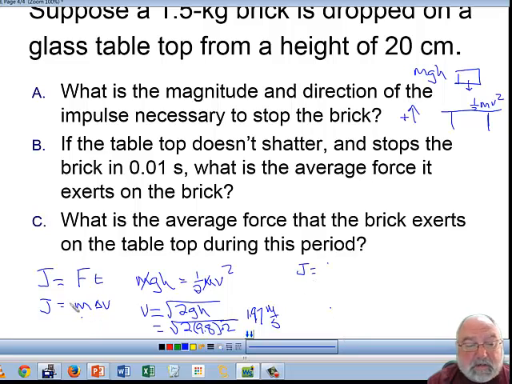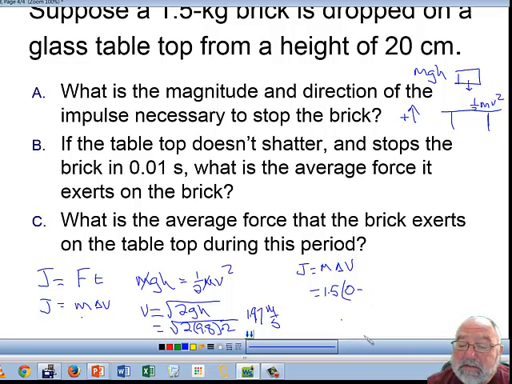Okay, so let's calculate what this impulse is then. So it's mass times change in velocity. Well, the mass of the brick is 1.5 kilograms. And what's the change in velocity? Well, what's the final velocity of the brick? Once the table stops it, the velocity is 0.